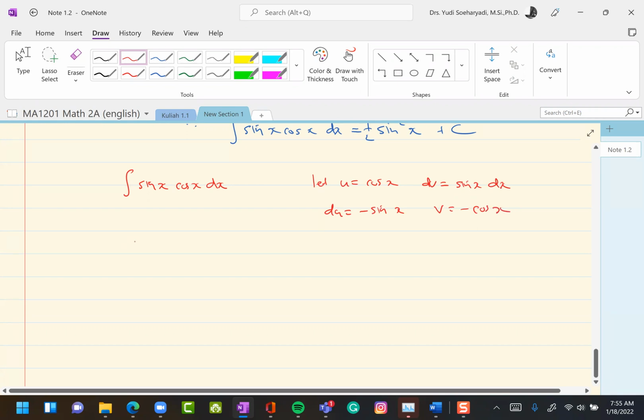By integration by parts, that's u times v, so negative cosine square x. And then minus the integral of v du: the negative becomes positive, so this remains a subtraction. So this is sine cosine.